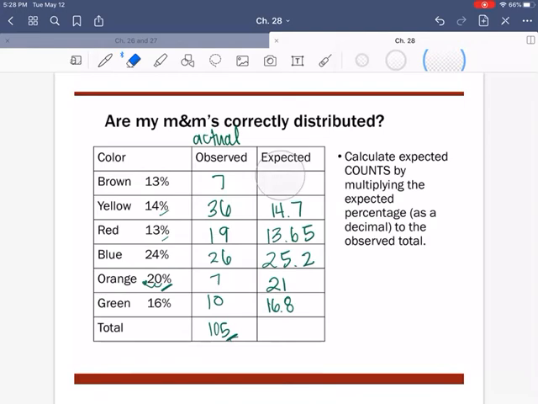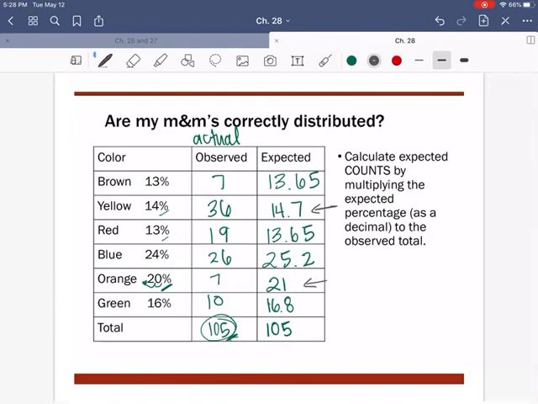So the last one, 0.16 times 105 is 16.8. Okay, this is the number of M&Ms of that specific color you would expect. It's okay that there's decimals. This is just an expected, so it doesn't have to be realistic. You'll notice if you add that up, it does add to 105, because we should get 105 total, because that's how many were in the bag.